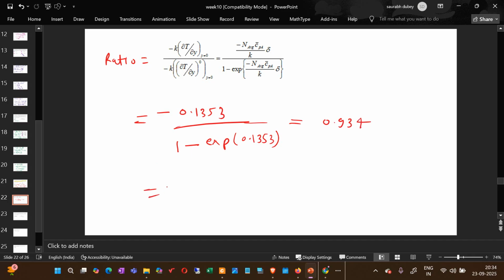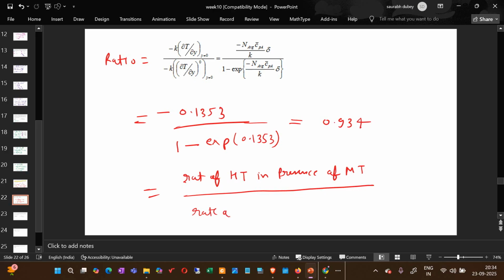And this is the main thing which is asked here: the ratio of the rate of heat transfer in the presence of mass transfer divided by the rate of heat transfer in the absence of mass transfer.